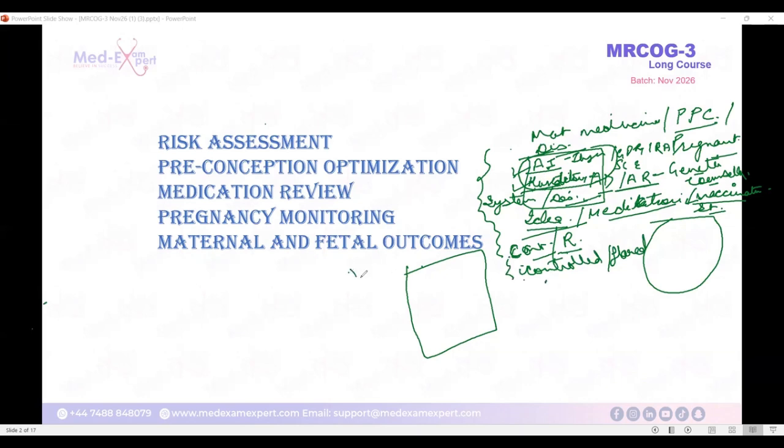And then when she comes for the pre-pregnancy, you need to tell the patient, then we may need to make sure that the patient is responding to the newer medication and is stable on that.